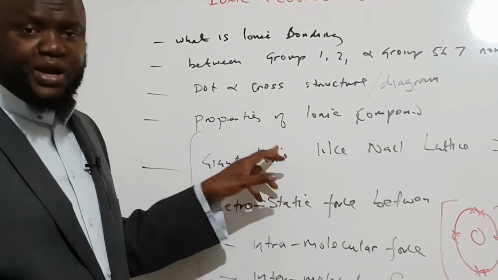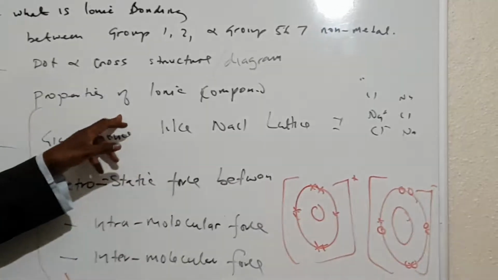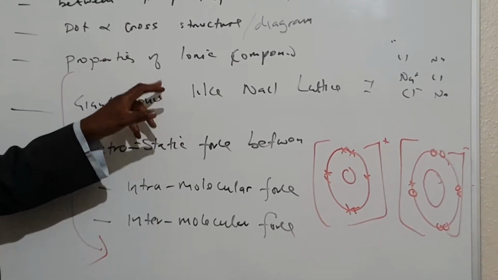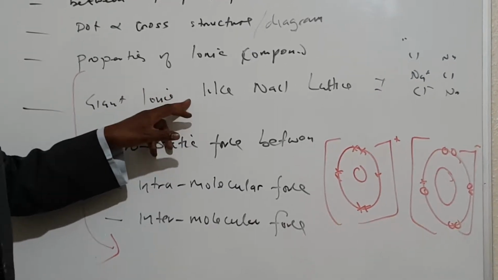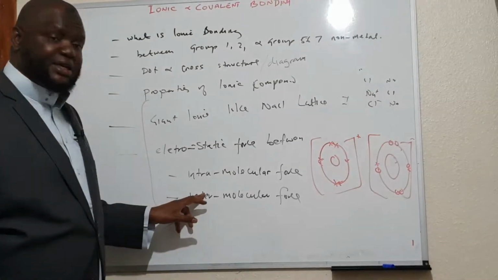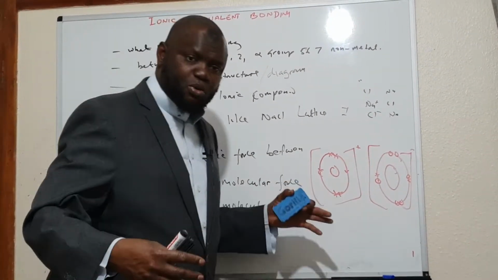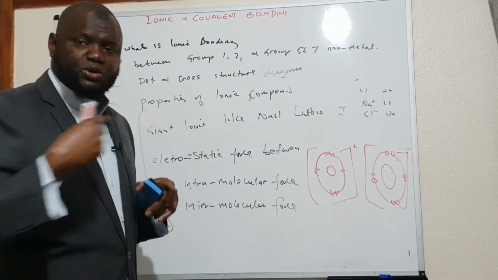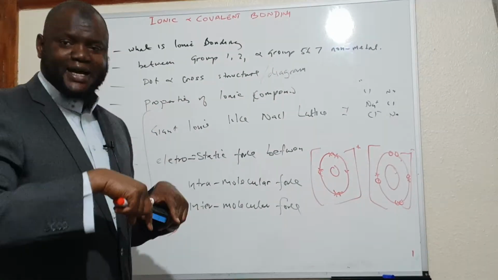Ionic compounds can dissolve in water, then they form their various ions, chlorine and sodium ions, and they can conduct electricity. They have high boiling point because of electrostatic forces within the molecule itself and between the molecules. Within the molecule, it's called intra.